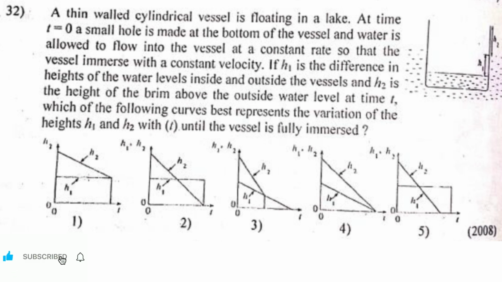If h1 is the difference of height of water level inside and outside the vessel, h2 is the height of the vessel above the outside water level at time t, which of the following curves best represents the variation of the heights h1 and h2 with t until the vessel is fully immersed?